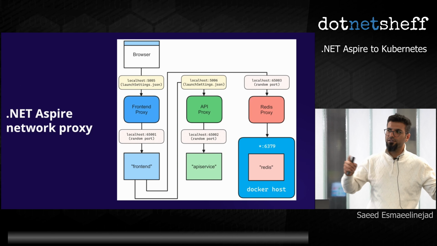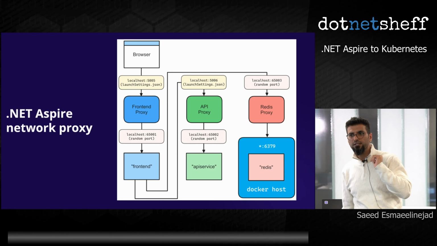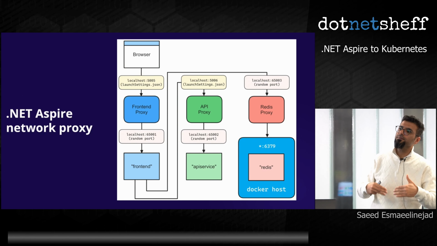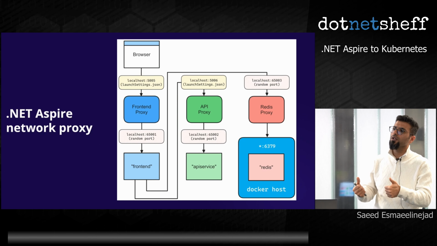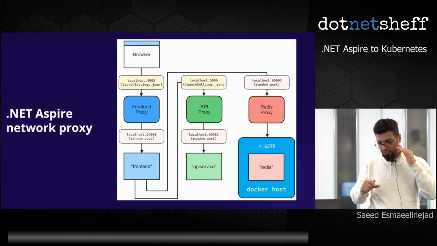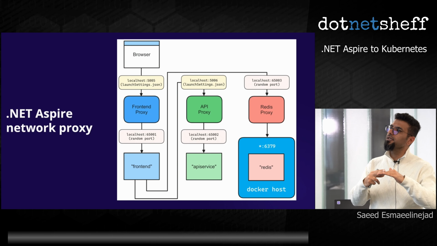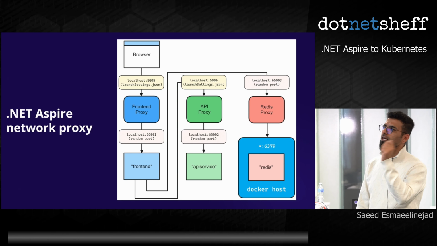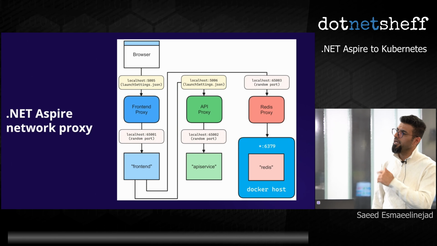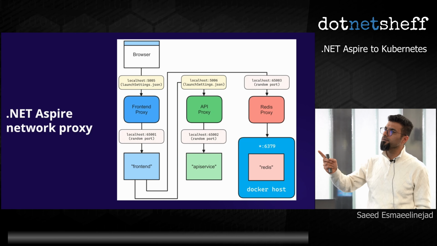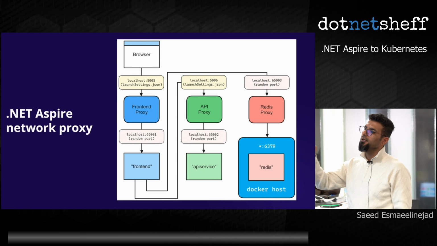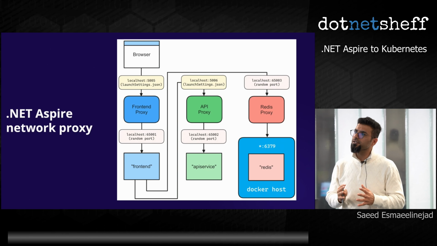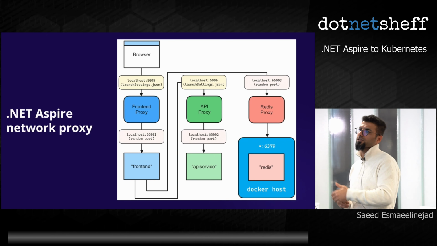Everywhere in your services where you want to use Redis, you just mention that label, and when you try to call Redis, Aspire will look up what the label was, and then navigate the request to the correct endpoint. The same goes for the API and front end. It will wrap all your services with a proxy.